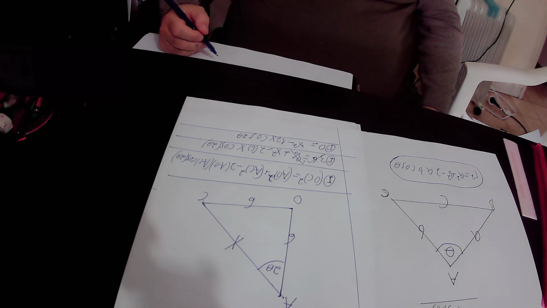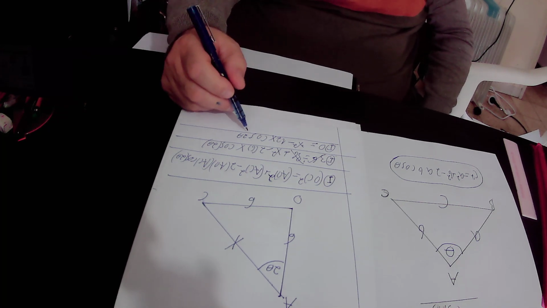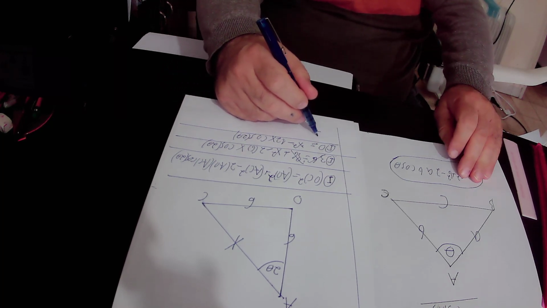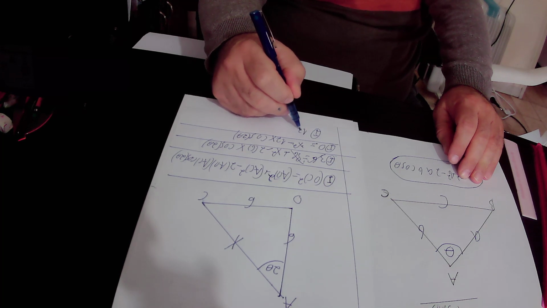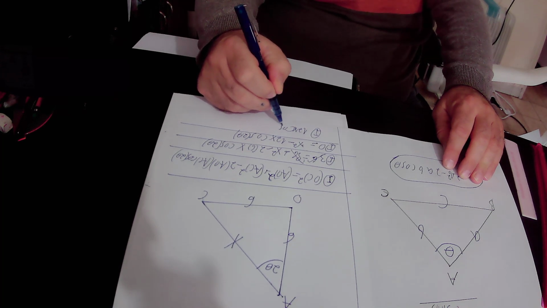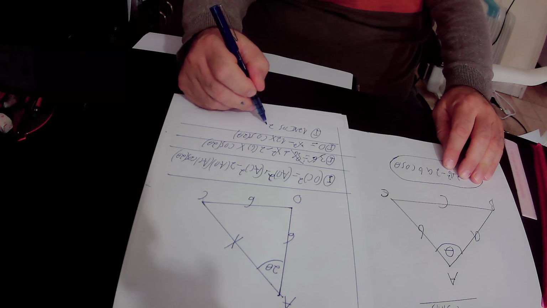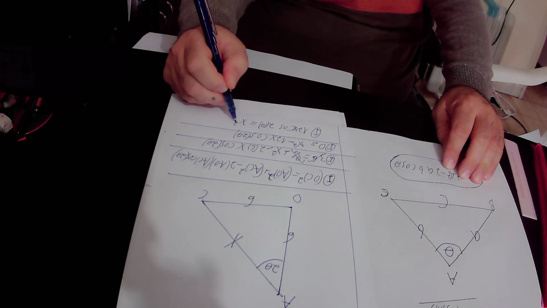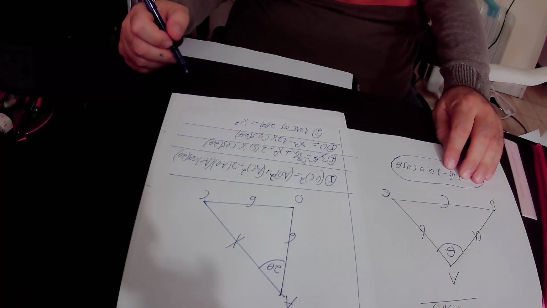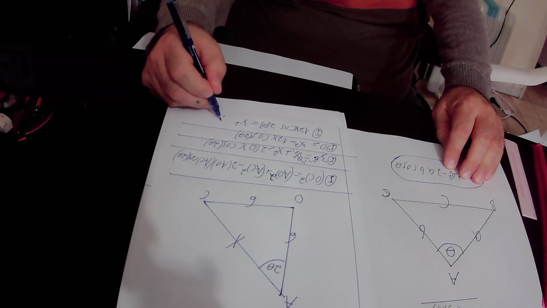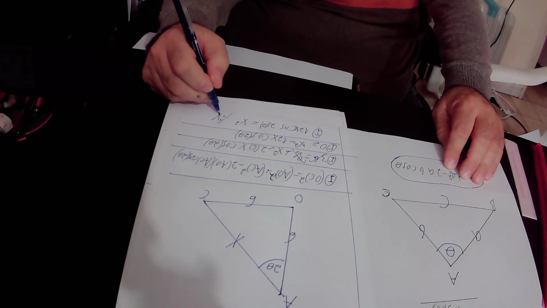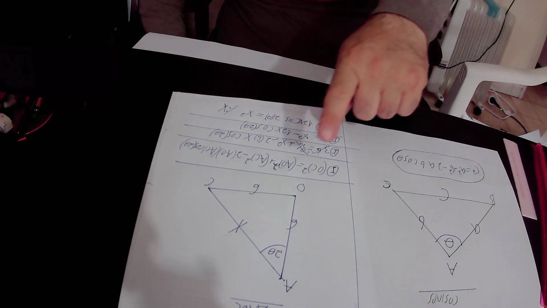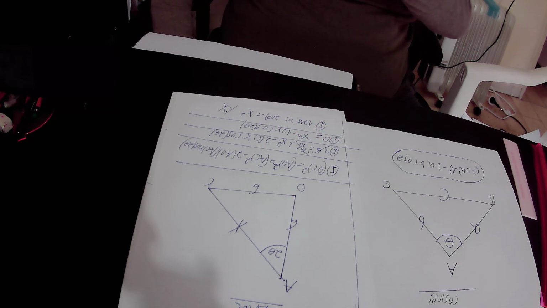Here we will add 12X cosine 2 theta to this equation, and we get that 12X cosine 2 theta equals X squared. Here we will divide equation number 1 by X. You can see from the drawing that X is the length of side AC, the variable that we are looking for.